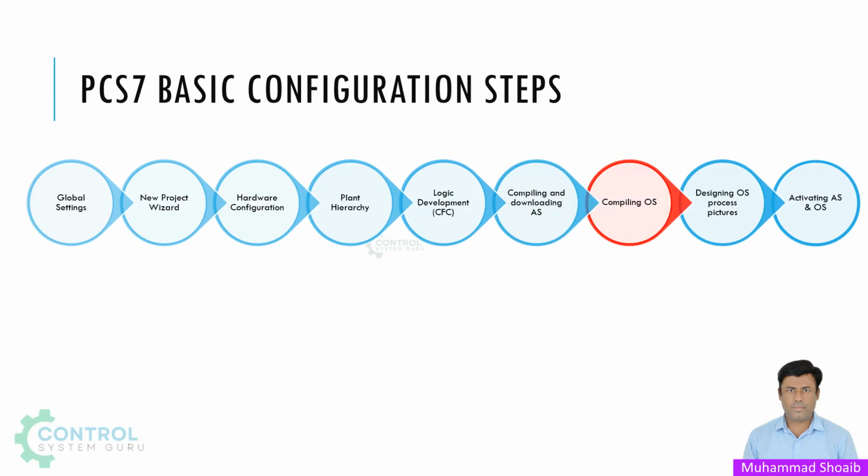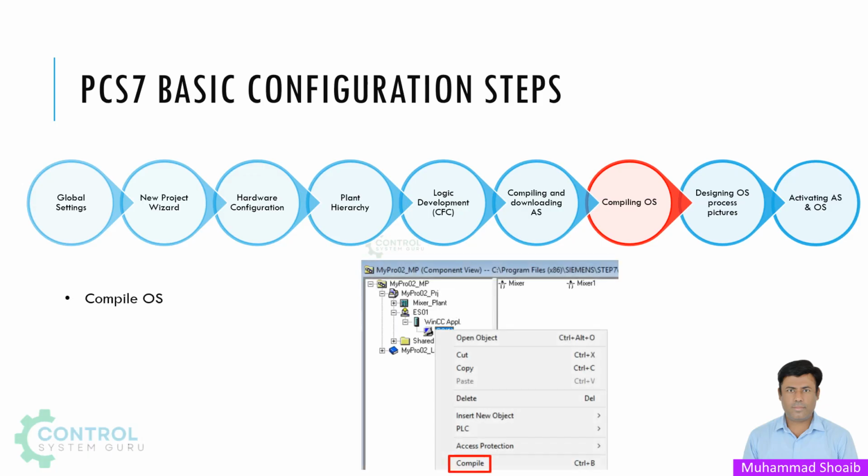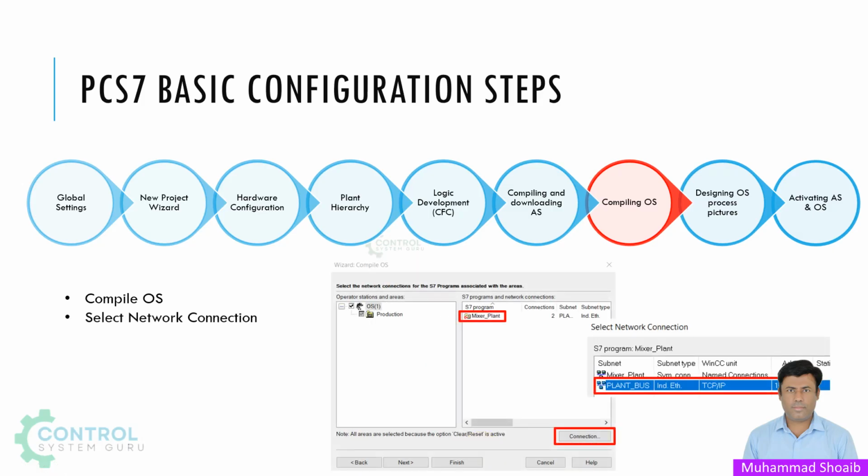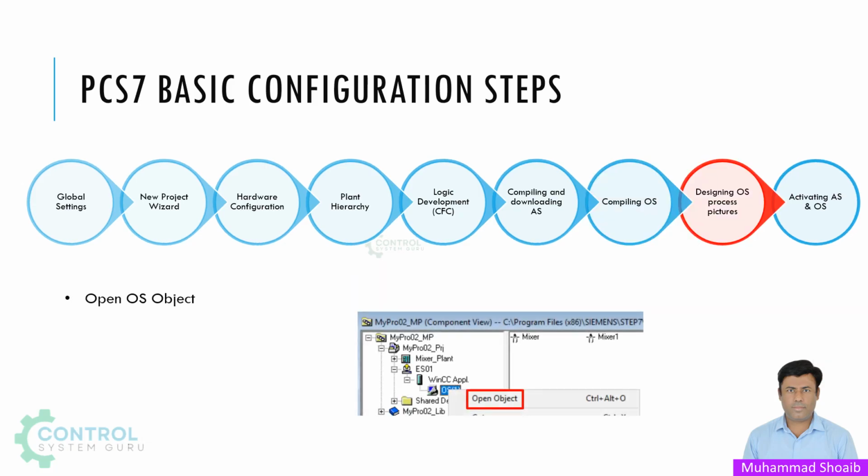So the AS part, we have already compiled and downloaded to our controller. Now we'll move toward the OS compilation. We'll compile the OS, and after that we will select the network connection, and our OS compilation part will be done.